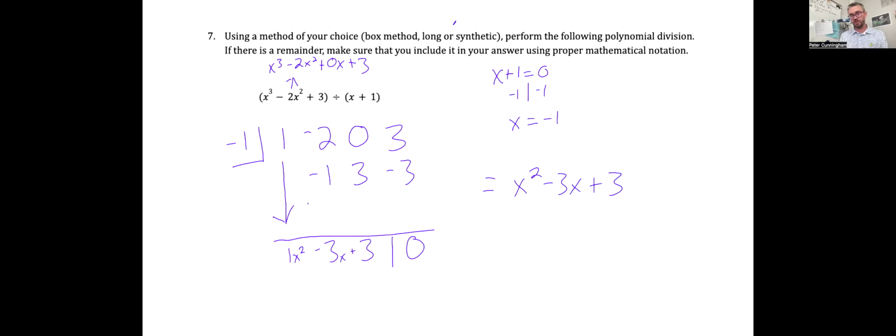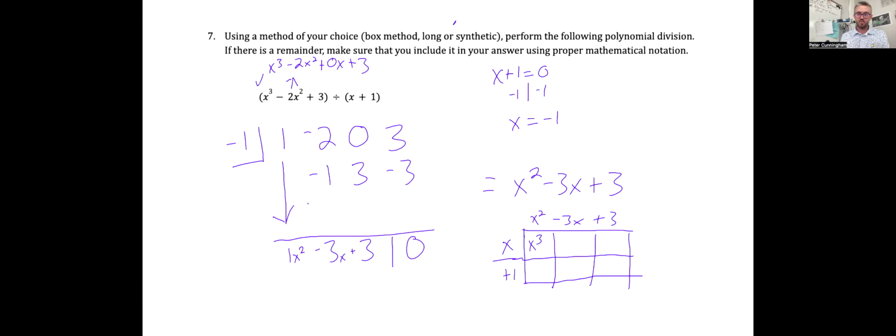If you wrote the remainder, it wouldn't be wrong. But this tells me, because there is no remainder, if you want to, I wouldn't start with the box method here, but I guess once I find an answer like this, I can check my work with the box method. So what this is saying is that x plus 1 times x squared minus 3x plus 3 is going to be that original polynomial that we started with. X times x squared is x to the third power, which we have.